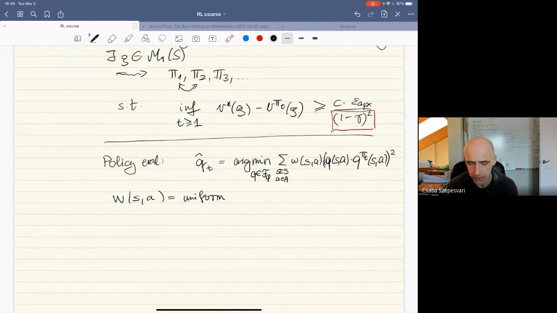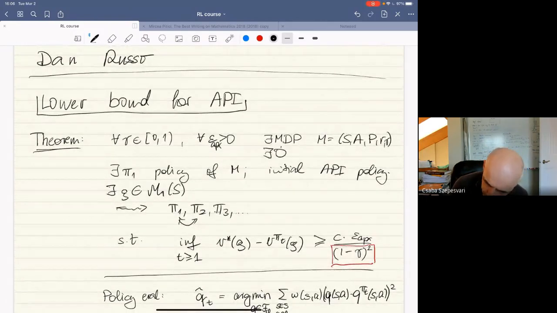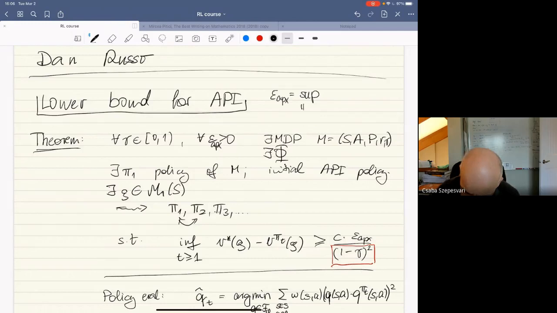And how do the features, okay, so here there is an MDP and there is also a feature map, right? Corresponding to that MDP that we're talking about, because this approximation error is defined as the worst case error of approximating the action value functions.